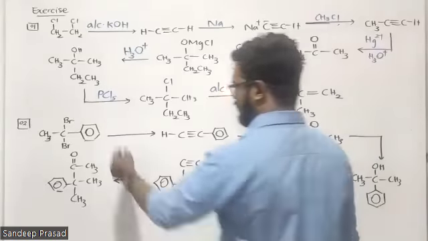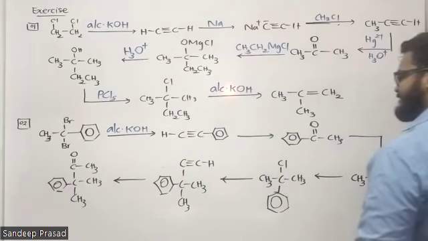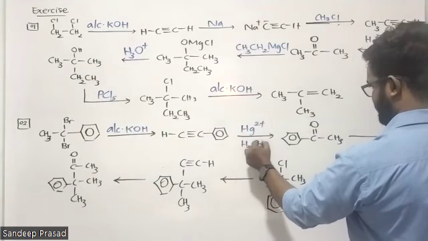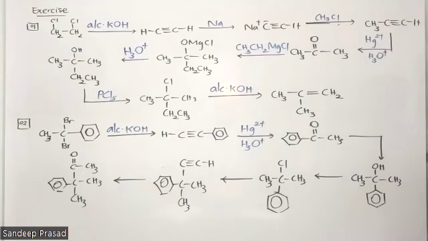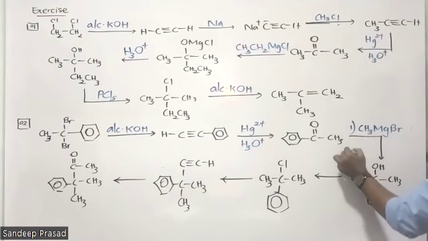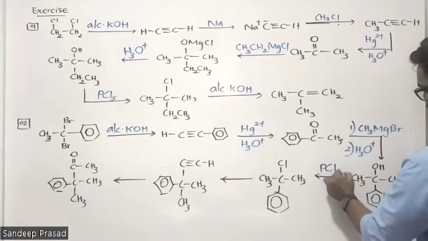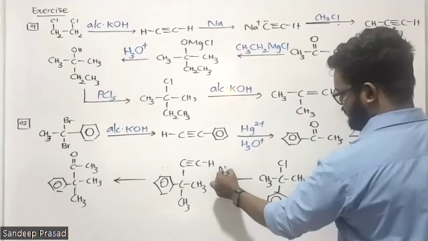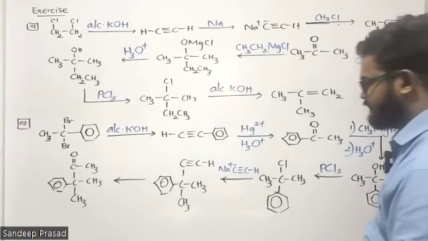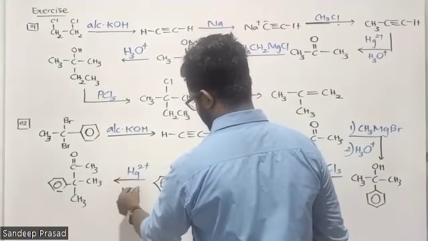Second one, alcoholic KOH, mercuric H3O+, CH3MgBr, secondly H3O+, PCl5, sodium salt, Hg2+ H3O+.